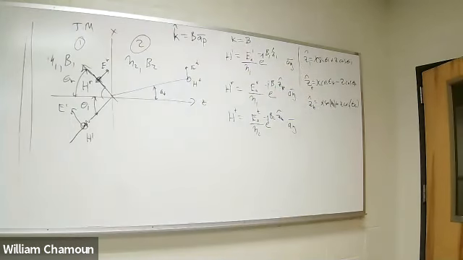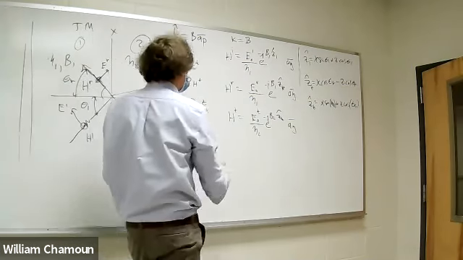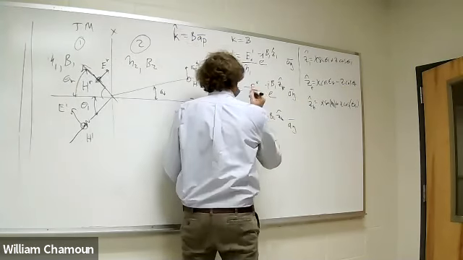Let me erase this right here. I just want to finish one of these. It's going to be TM. So you have all of these going in the a_y direction, but then in your drawing, it seems to me that reflected is in the negative. Yeah, you can put it negative.